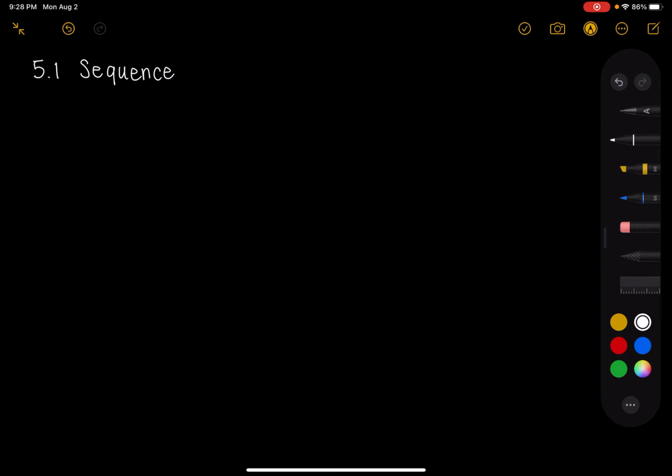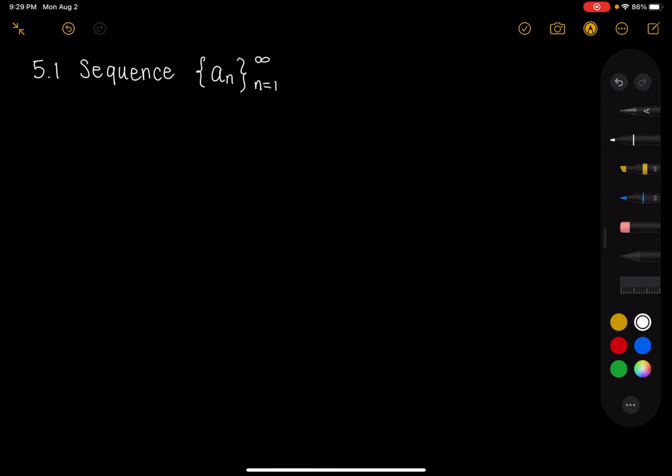In this lesson, we will study the definition of infinite sequence. An infinite sequence, usually denoted as a_n, usually starts at n equals 1 all the way to infinity.